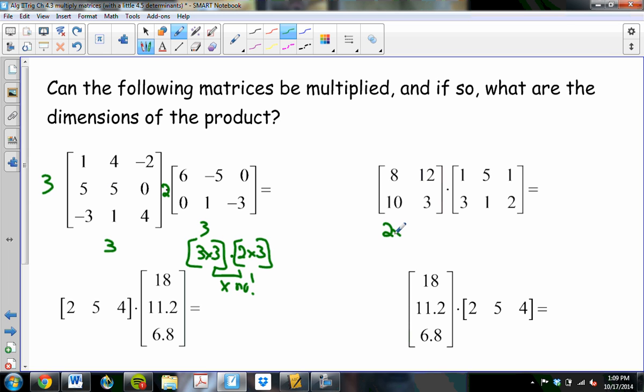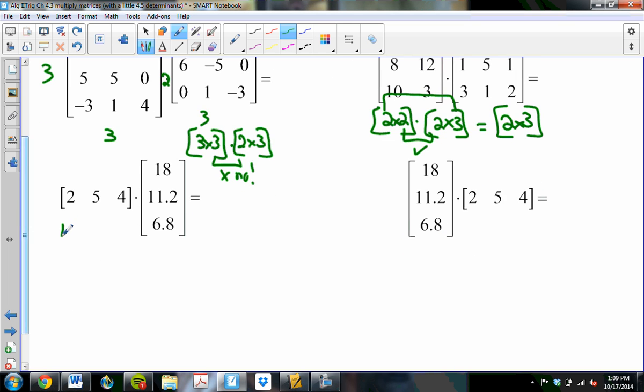This is a 2 by 2. This is a 2 by 3. This one can be multiplied, so the outer numbers tell me that my new matrix will be a 2 by 3 matrix. This is a 1 by 3. This over here is a 3 by 1.